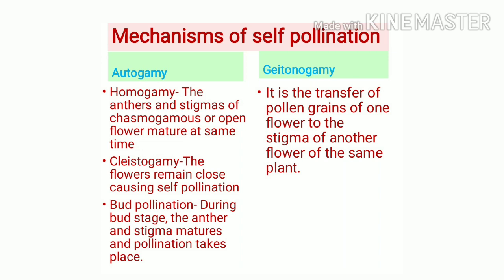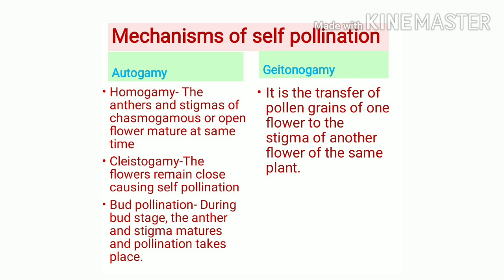Now next comes cleistogamy. Here the pollination takes place in a closed flower. That means before anthesis takes place, pollination already takes place within the flower. So when pollination takes place in a closed flower, it is called cleistogamy, and such flowers are called cleistogamous flowers. And the third type is called bud pollination.